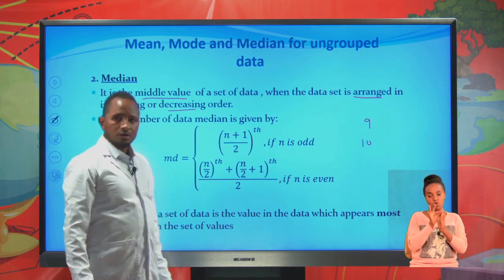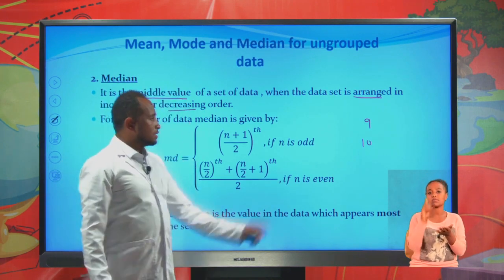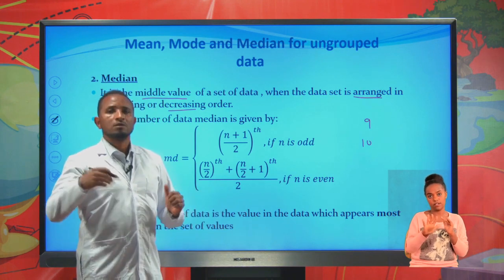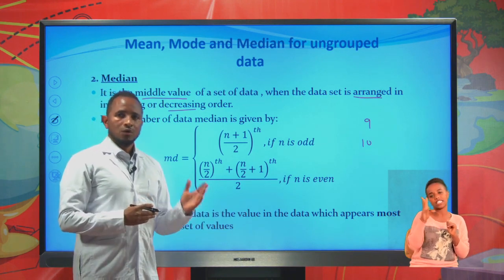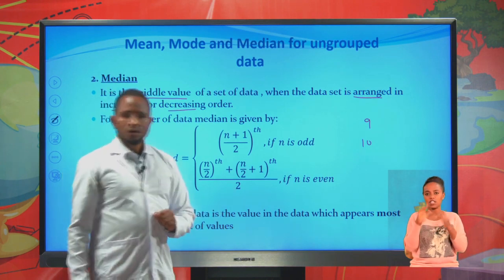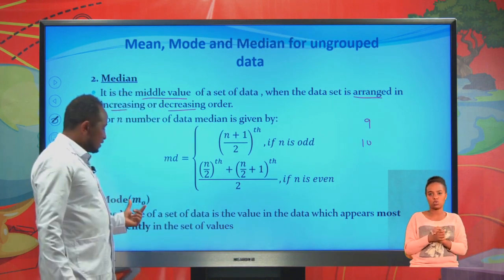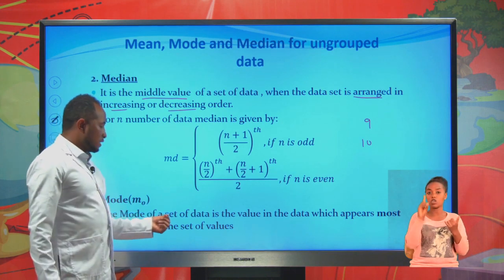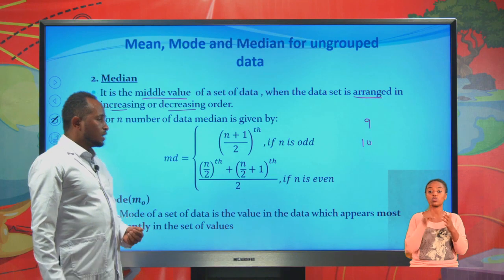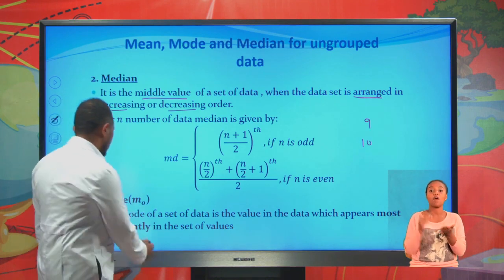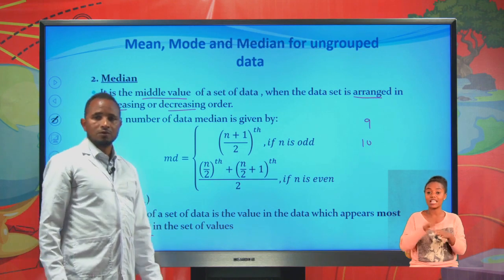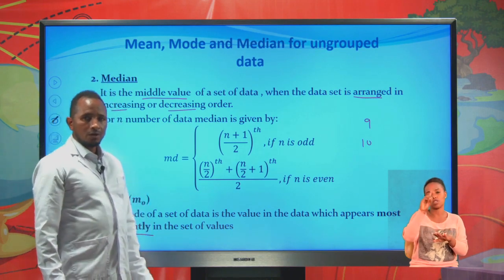The median is found at 10 over 2 is 5, on the fifth and sixth value. So you add the fifth and the sixth value and you divide by 2. Okay, now mode. The mode of a set of data is the value in the data which appears most frequently. The data which is found most frequently, we call this mode. Now let's continue.